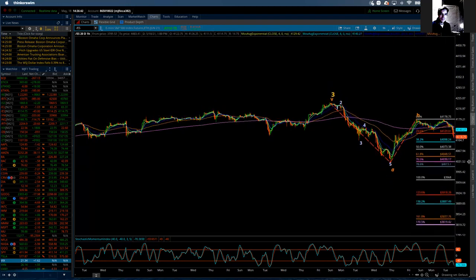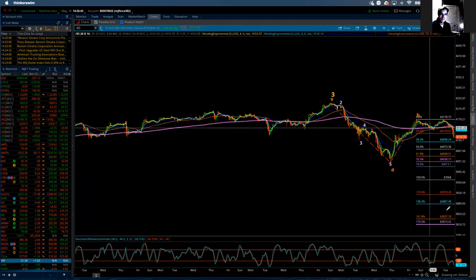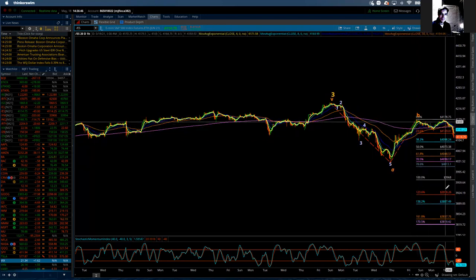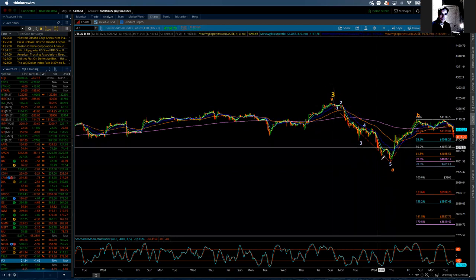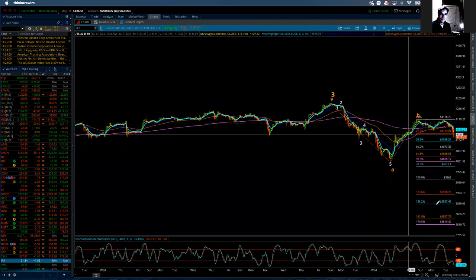What comes up next is down here, 1.236. So wave C would be 1.236 times the length of wave A, or 1.382 times the length of wave A. And that is more equivalent.